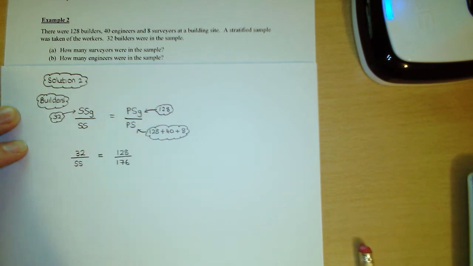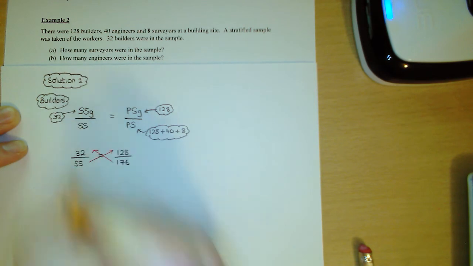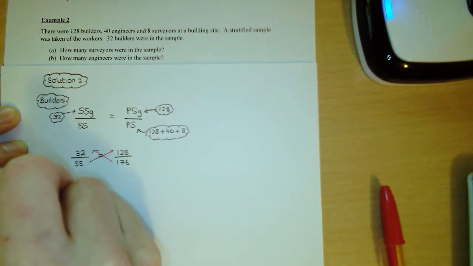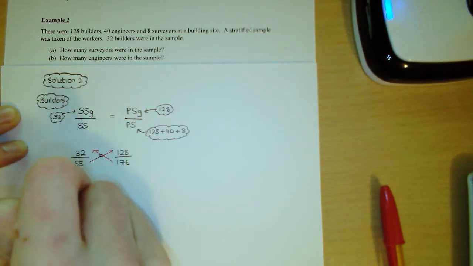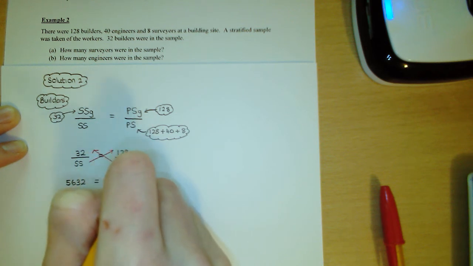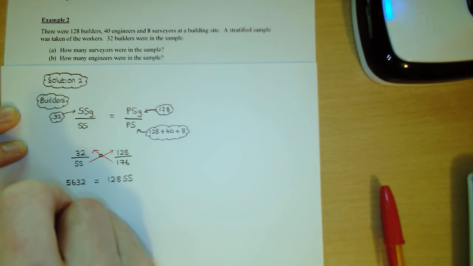So let's cross multiply. So we're going to get 176 multiplied by 32. That's going to give us 5,632. And that's going to be 128 multiplied by the sample size. Divide both sides by the coefficient of the sample size.